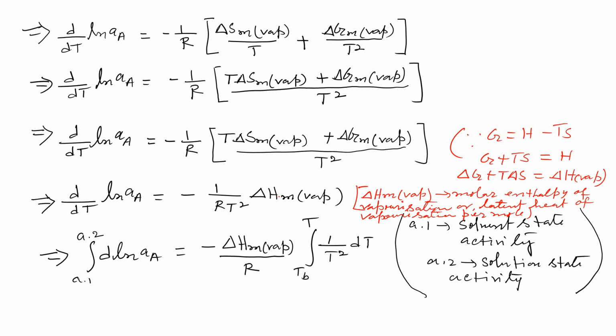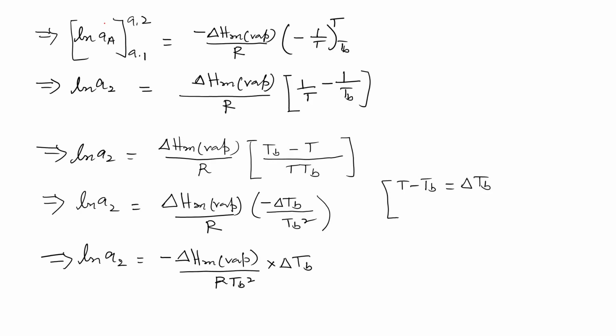This we are considering remains constant within the temperature range. Delta Hm vaporization divided by R, then integration from Tb to T. Solvent boiling point is Tb, solution boiling point is T. So 1 by T square dT.